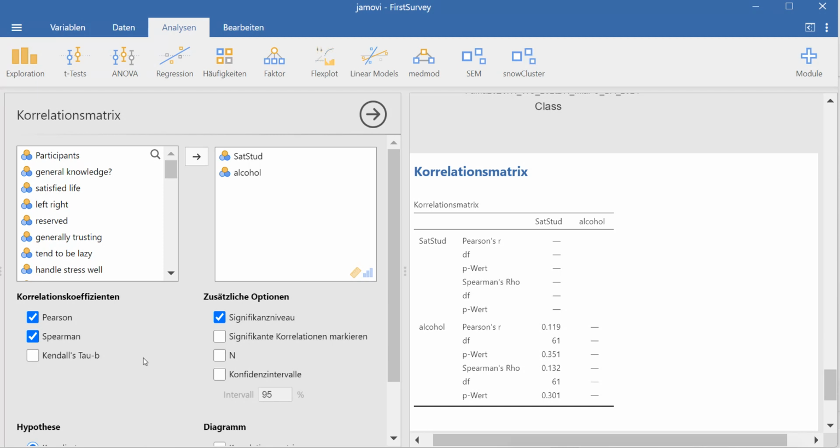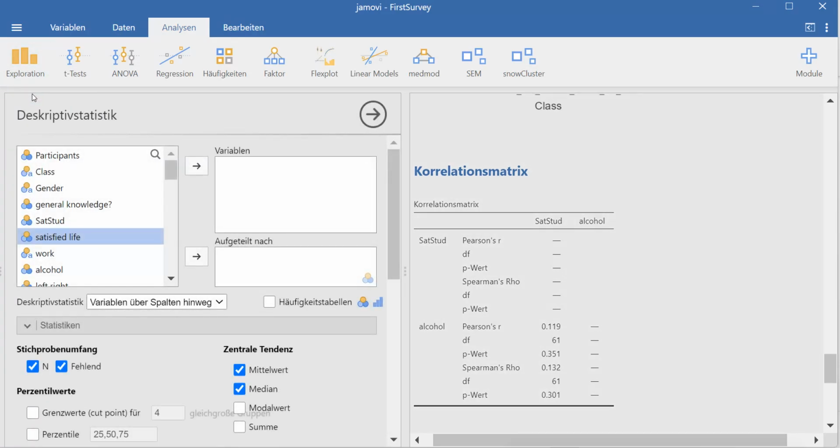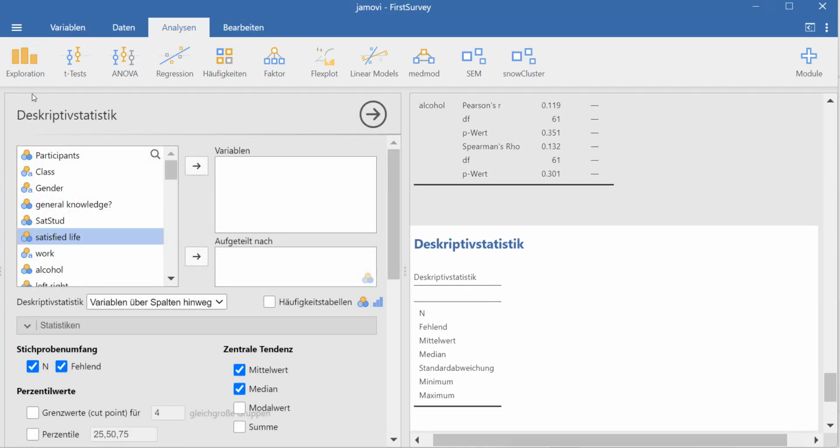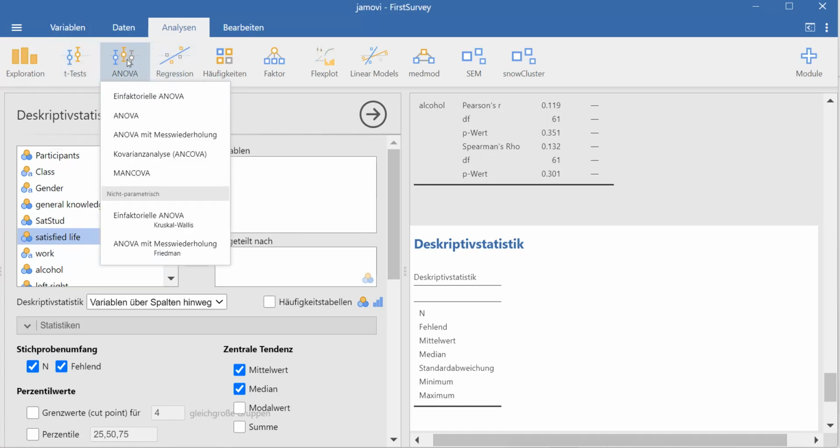So this is it basically. We started with data exploration, descriptive statistics, where we basically evaluate just one variable. And then we continued with hypothesis testing, where we evaluated the relation between two or more variables. The t-test we apply for independent samples when we split our sample into two groups and compare the means. The ANOVA we apply when we compare the means, but we have more than two groups.